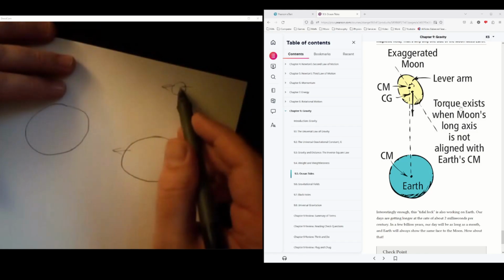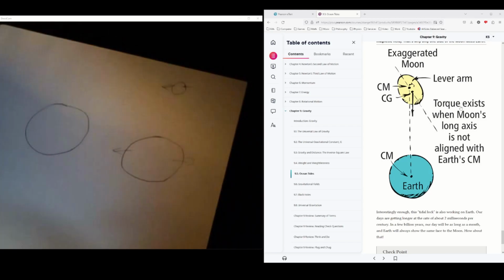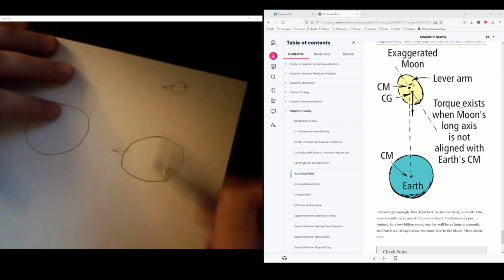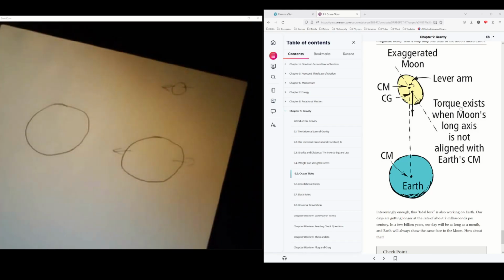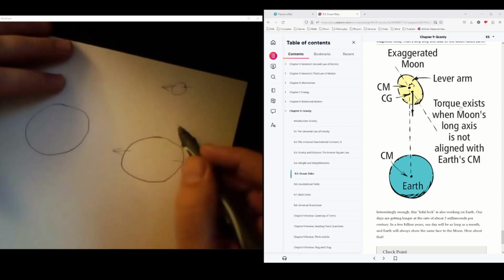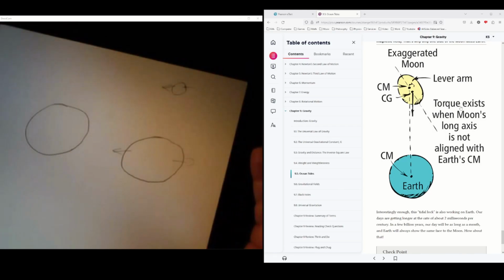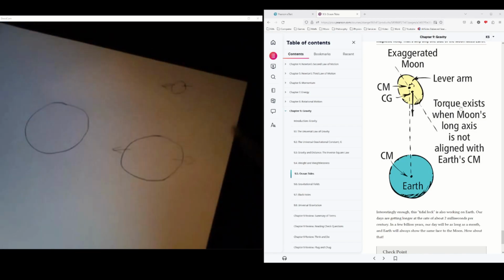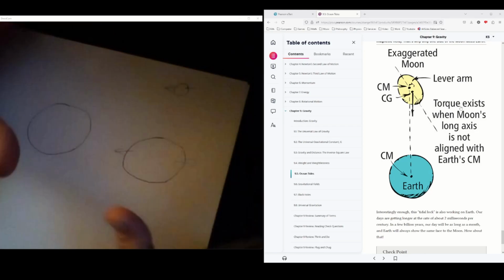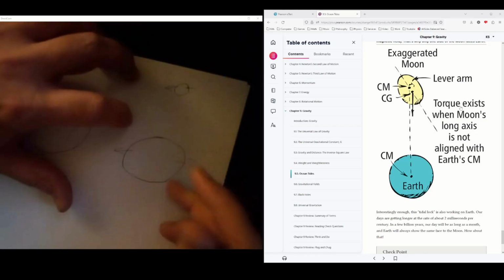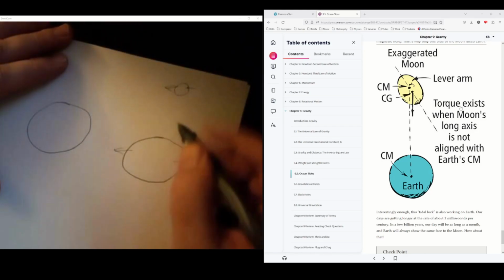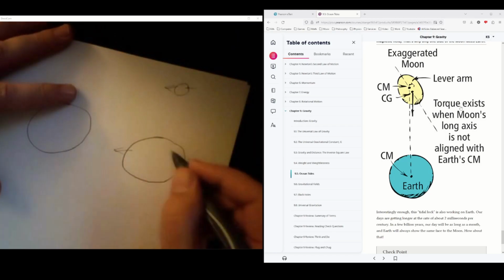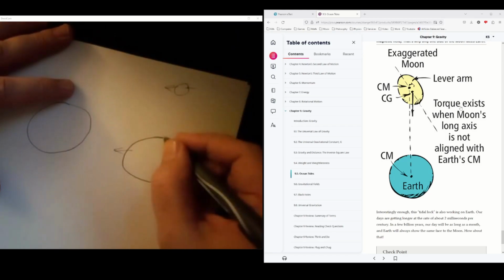And after many, perhaps even millions of years, these objects will eventually come into a lock. For instance, Mercury is in a lock with the sun. The moon is in lock with Earth. And what we mean by that is, after millions of years of this spinning around and these different torques happening, they want to end up having the same face towards each other.